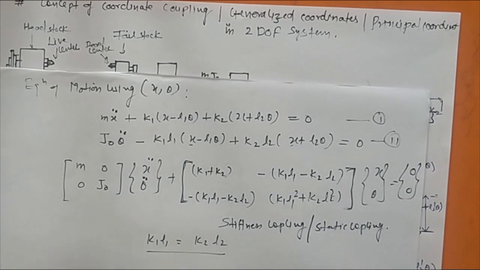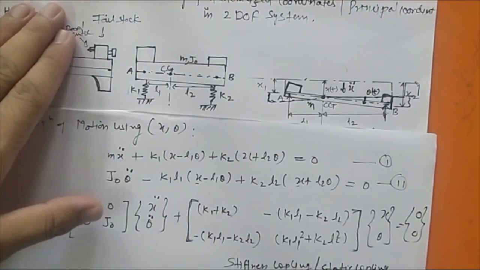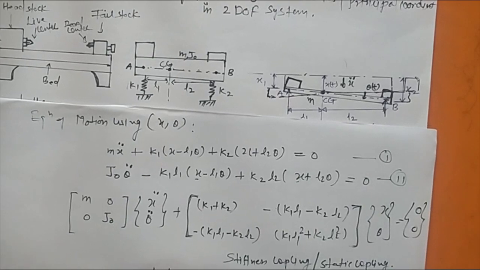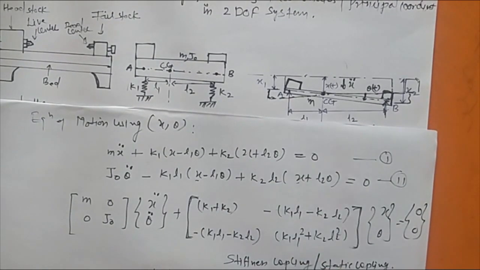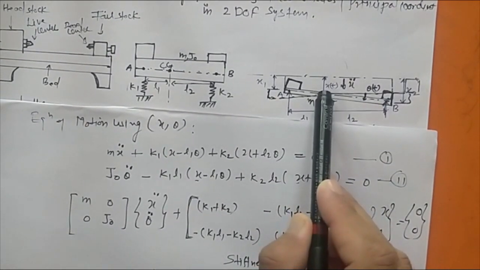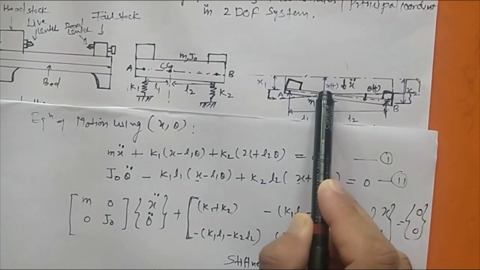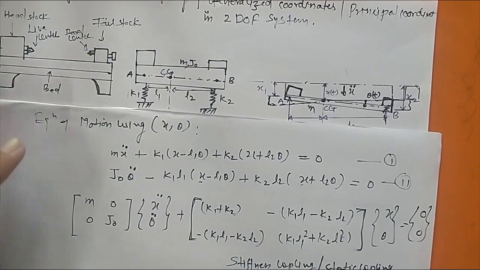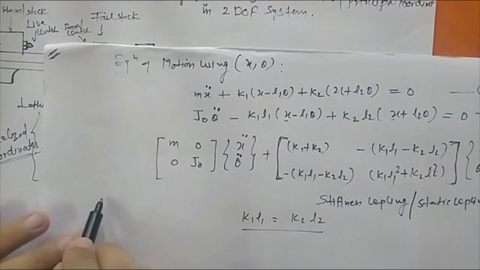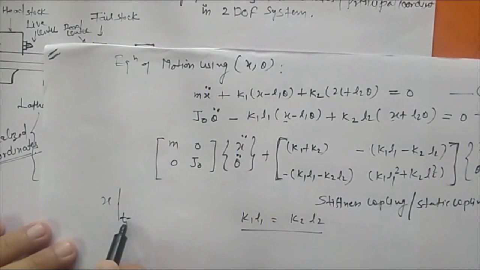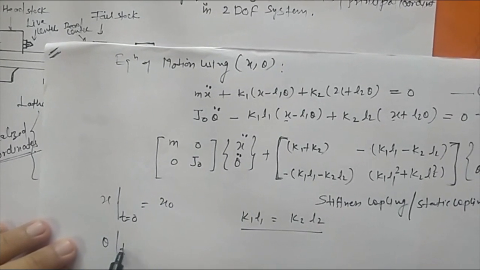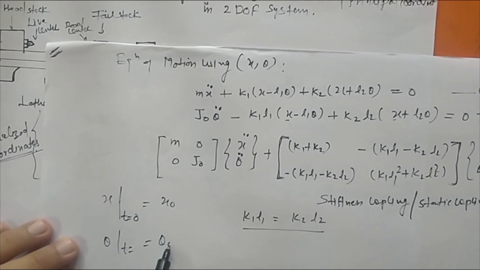To make this system vibratory, we have to provide some initial conditions to its CG, because we are considering x and theta. The initial conditions are written as x at t equal to 0, which is x naught, and theta at t equal to 0, which is theta naught.